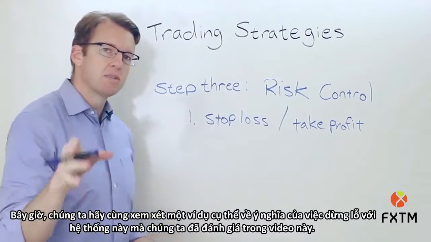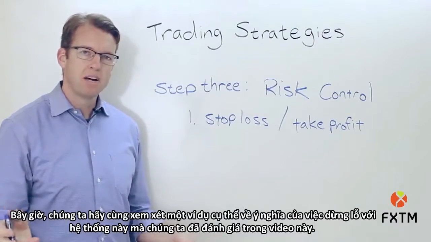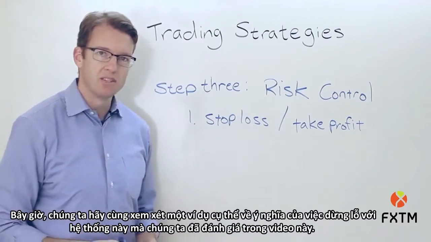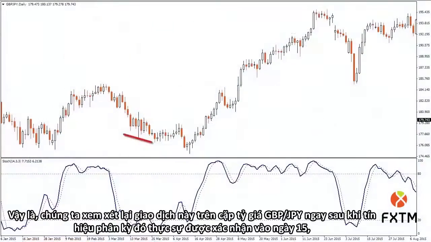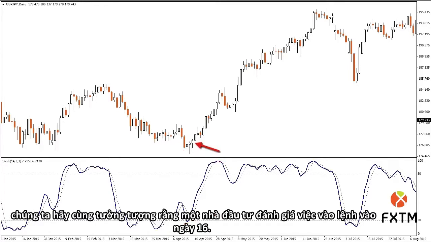Now let's take a look at a specific example of what we mean by a stop loss with the system that we've been evaluating here in this video. If we revisit this trade on the pound yen, just after that divergence was actually confirmed on the 15th, let's imagine that an investor was evaluating an entry on the 16th.